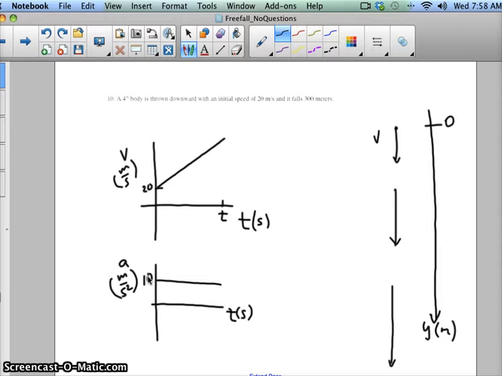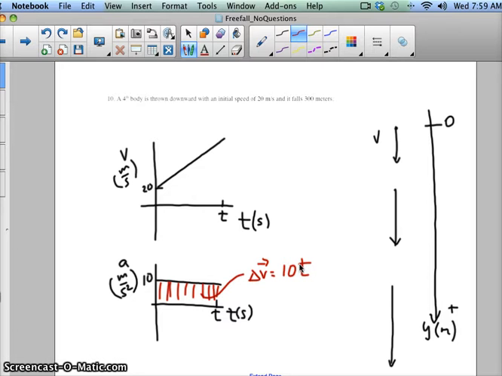Acceleration due to gravity is 10 meters per second squared down, and since I made down positive, I have positive acceleration. Now this area of my acceleration graph, and again I don't know time, so my change in velocity must be 10 times t, okay?